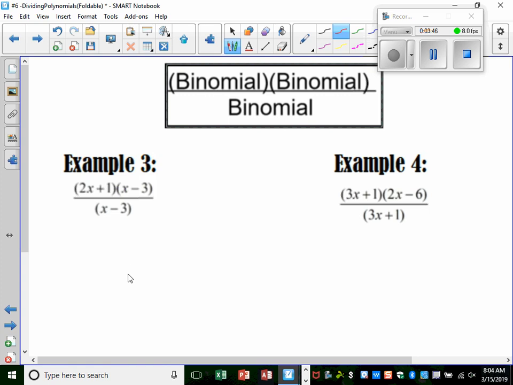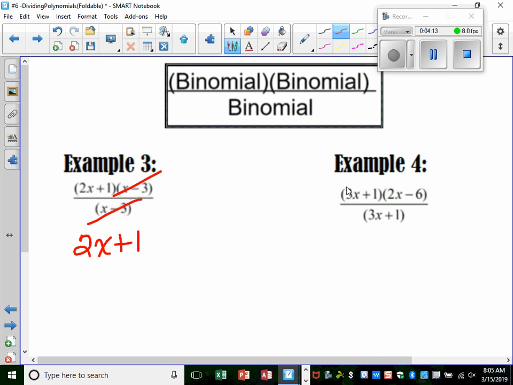For instance, x minus 3 at the top, x minus 3 at the bottom. That really is one whole, technically, but you don't have to write the 1. So you're just left with 2x plus 1. And you can drop the parentheses when there's just one binomial or one expression left.